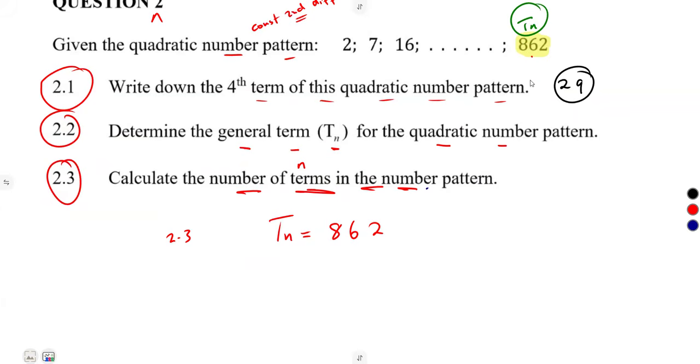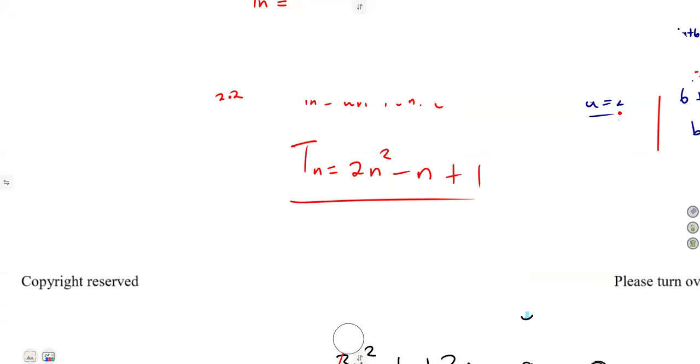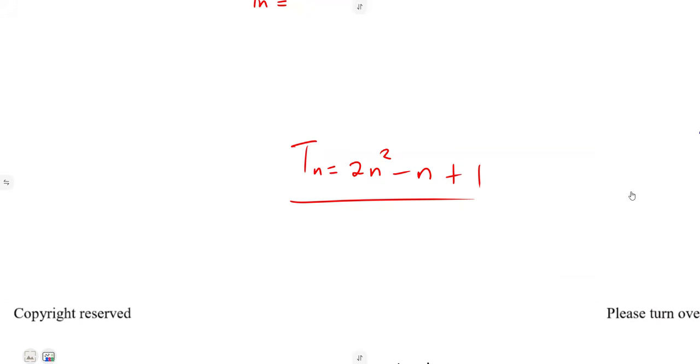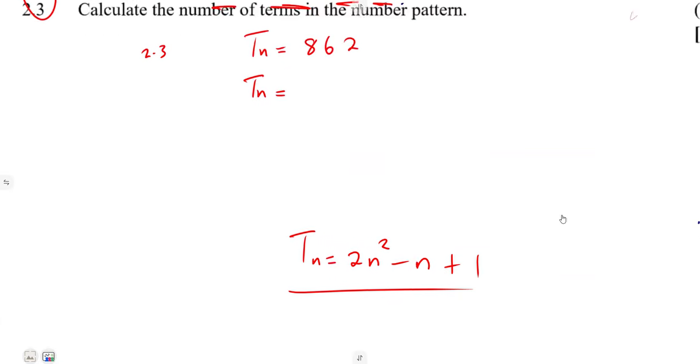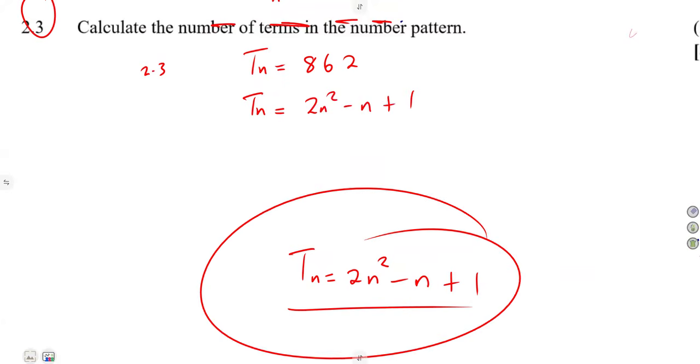Numerically, that's the value of the last term, whereas our Tn in general is the general term that we calculated. So we are going to take this Tn from our question. That's 2n squared minus n plus 1, our Tn that we calculated.